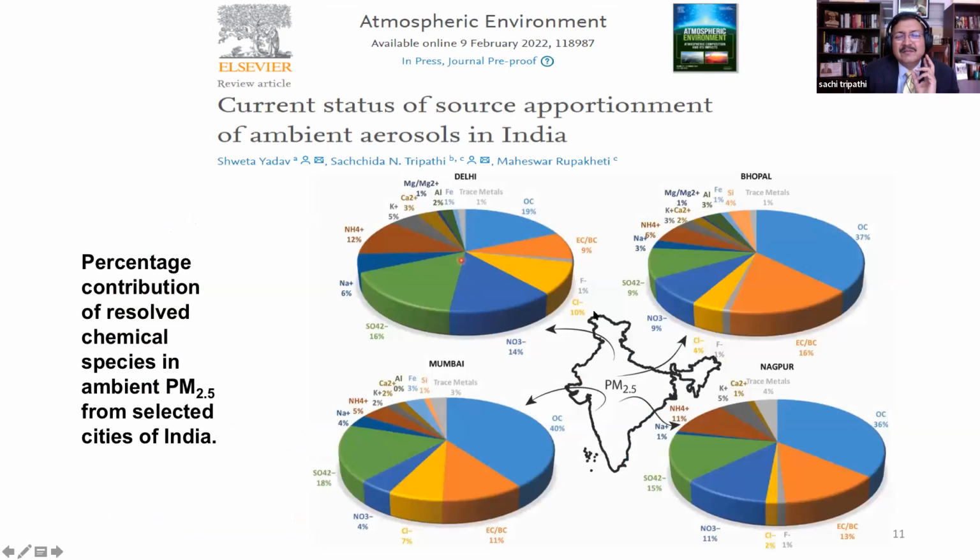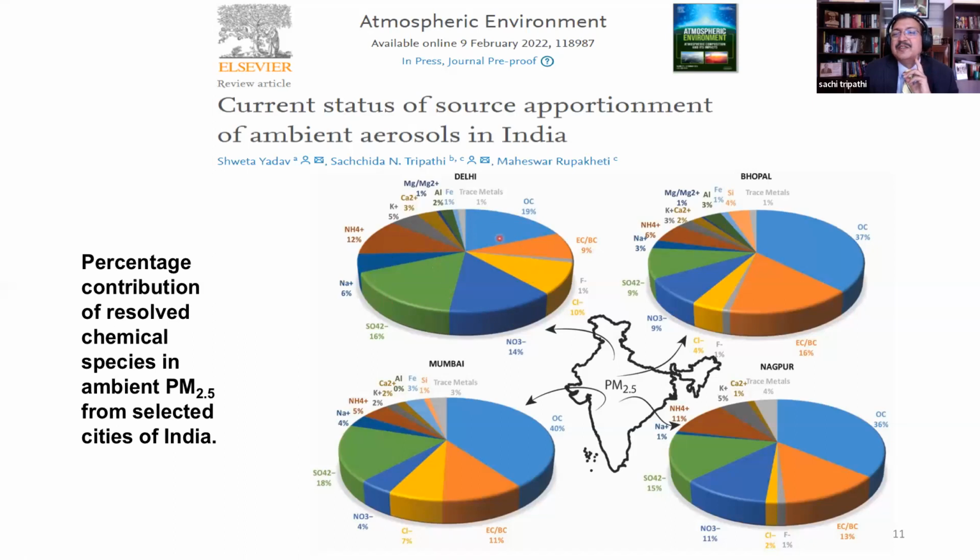Now, this map over India shows, for four broader regions, how PM2.5 is speciated. This one is Delhi, this is Bhopal, this one is Mumbai, and this is Nagpur. The different colors show contributions from different kinds of species.